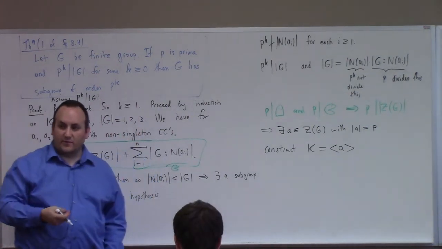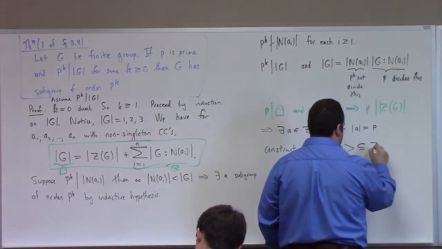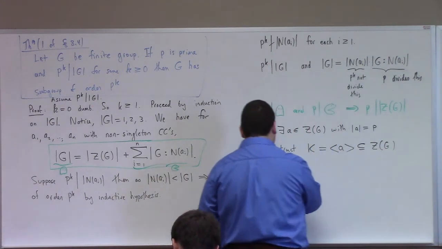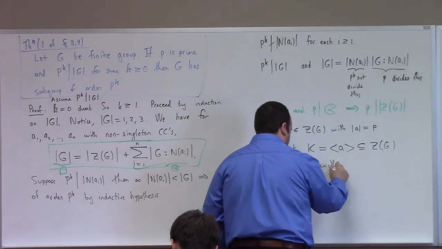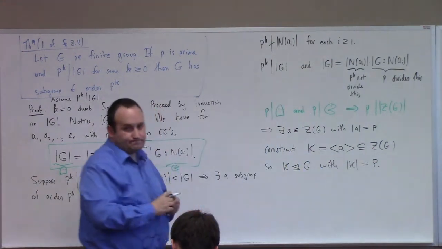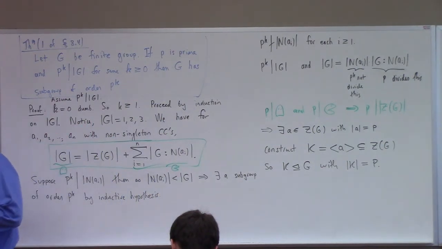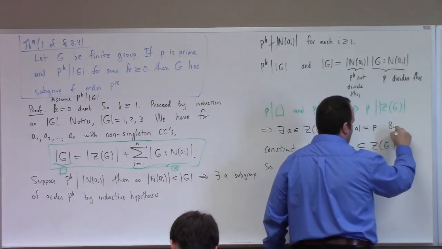This is a subgroup of order p, which is normal in the group. See, this is a subgroup of the center. So we have K as a normal subgroup of G with the order of K equal to p. Again, this is by Cauchy's theorem, right?